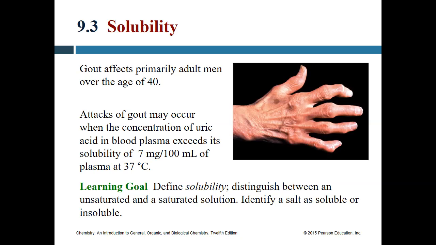Gout comes as a result of an overabundance of uric acid in your blood. If the concentration of uric acid in your blood exceeds 7 milligrams per 100, then you will experience what is called gout. Gout is this kind of painful inflammation, I don't even know what to call it, a blood disease necessarily. Bottom line is it doesn't feel good.